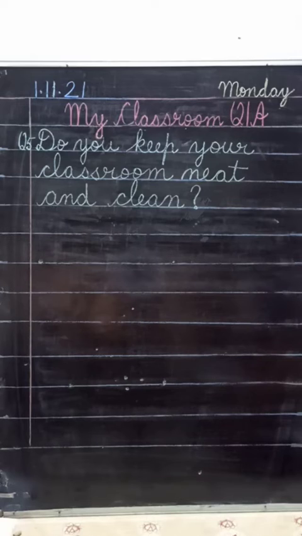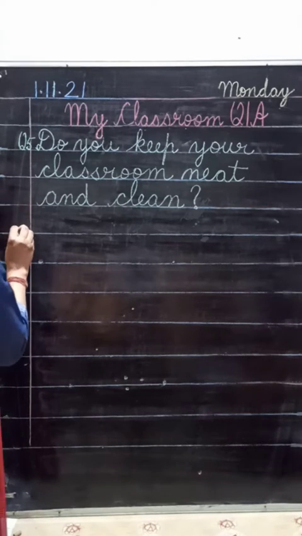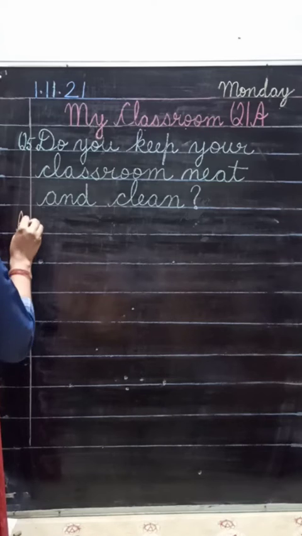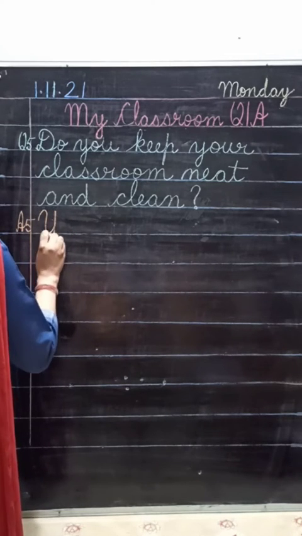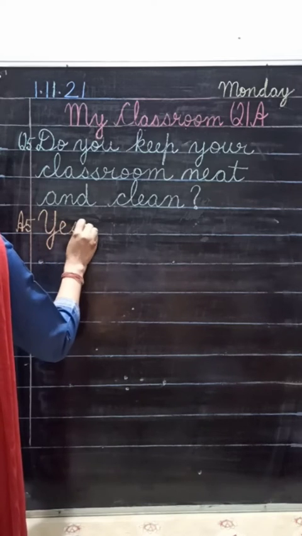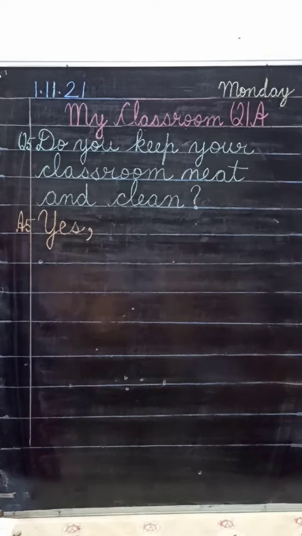Now tell me, do you keep your classroom neat and clean? Yes, I keep my classroom neat and clean. Write down here. Answer number 5. Write down yes. Capital Y-E-S, yes. Then put a comma here.